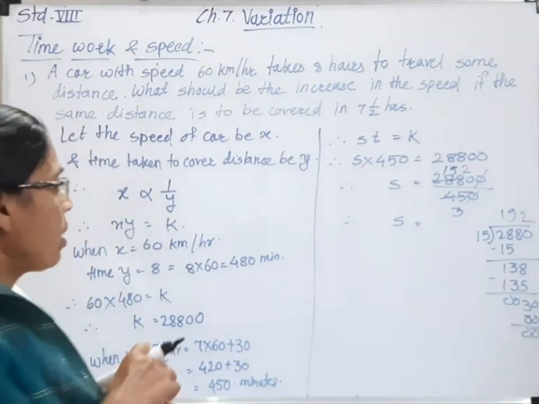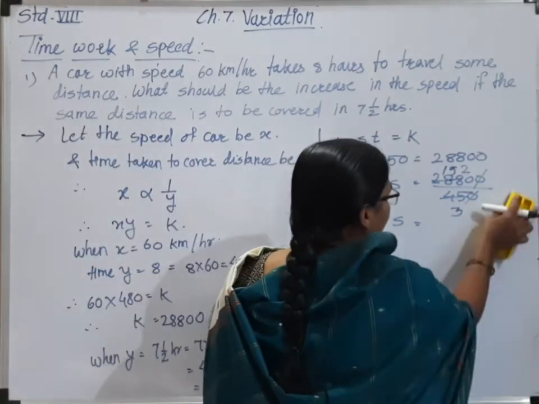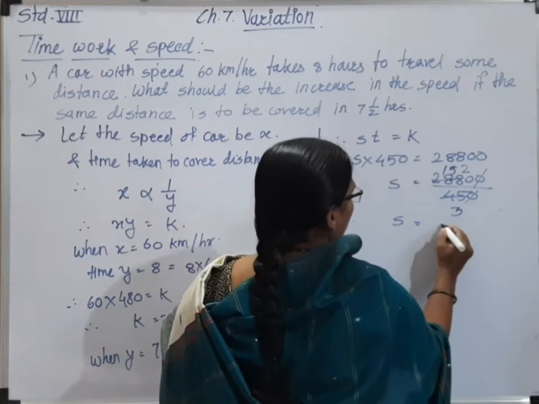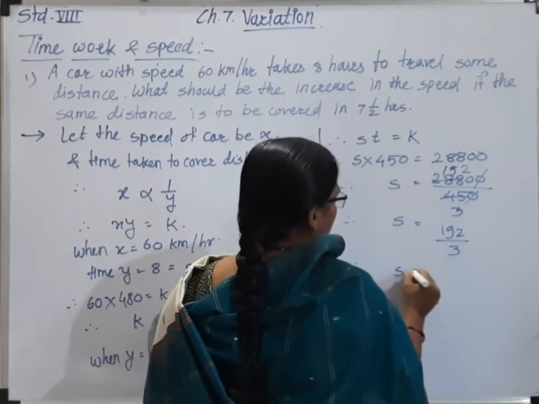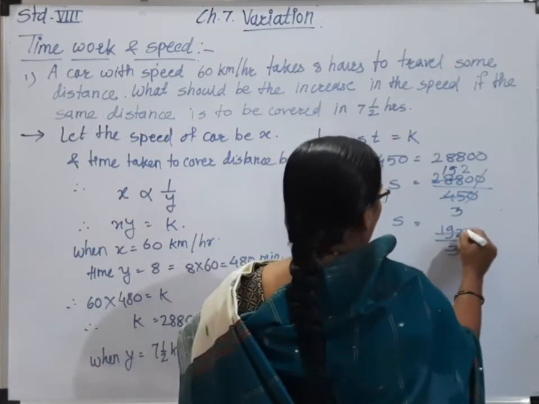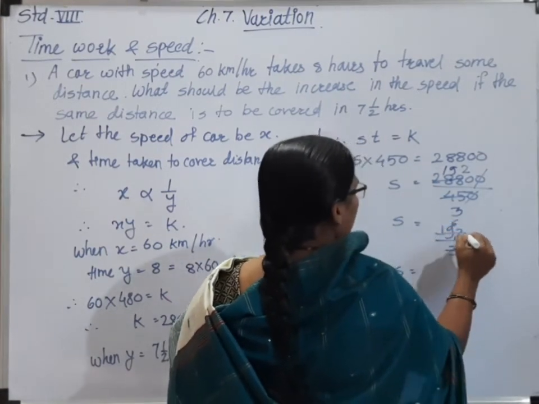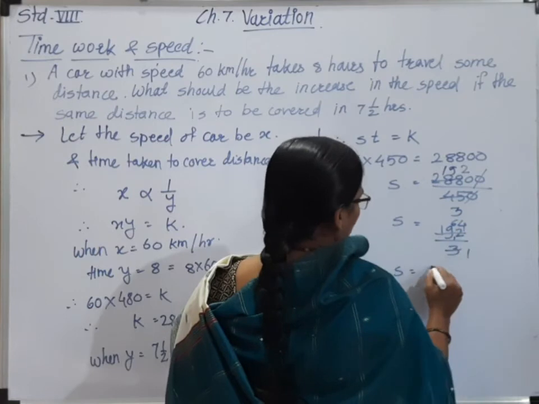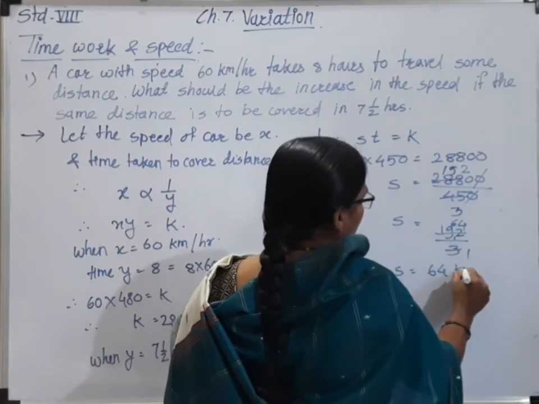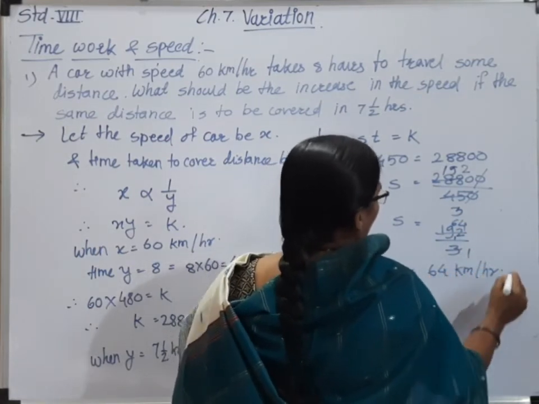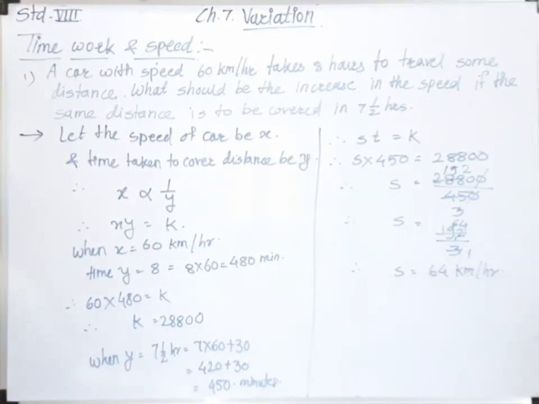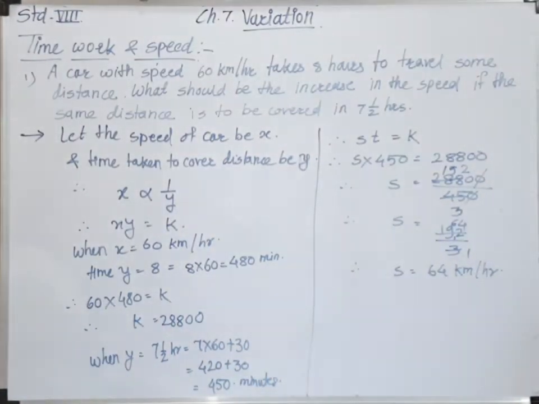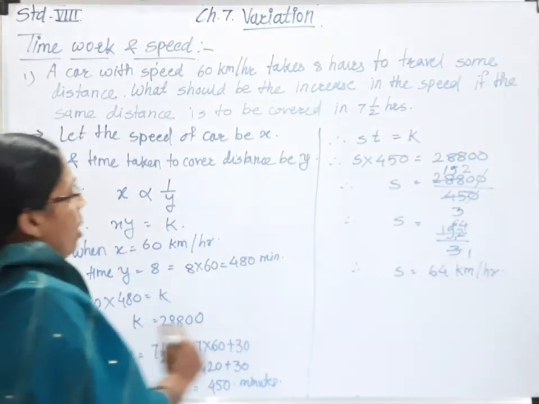Again this number is divisible by 3. 192 divided by 3, therefore S is equal to 64 kilometer per hour. The speed should be 64 kilometer per hour. Then only we can cover the same distance in 7.5 hours.